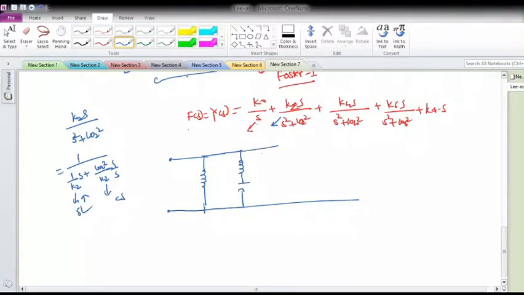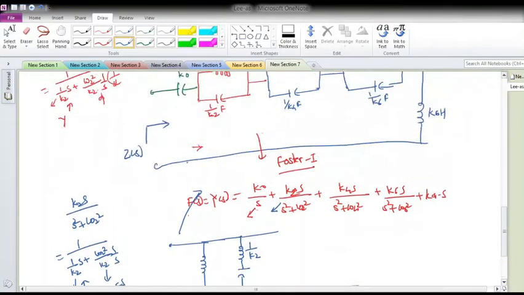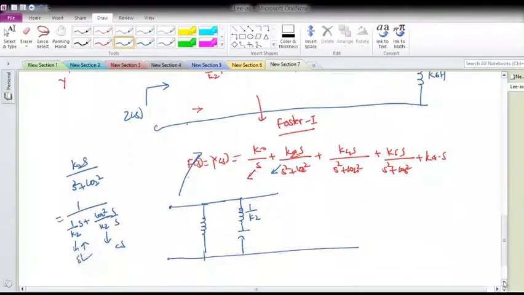And what is the value of the inductor here? The value of the inductor will be 1 over K2. This is just the dual of the Foster form which we have earlier derived, the dual form of it. 1 over K2, and C2, that capacitor will be K2 upon ω2².